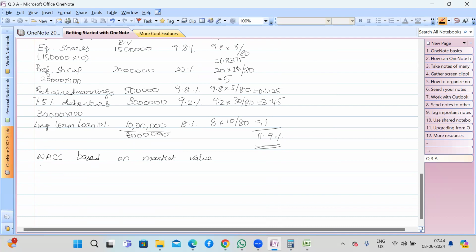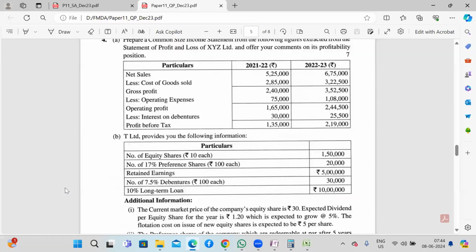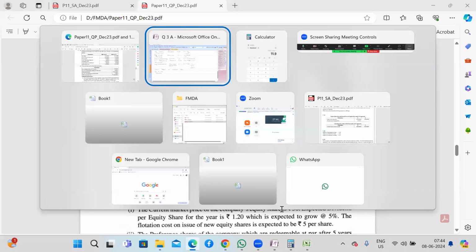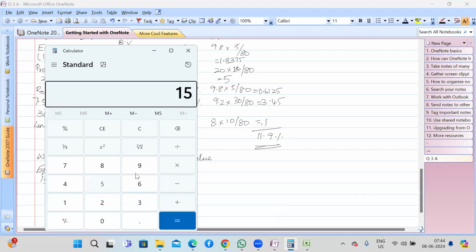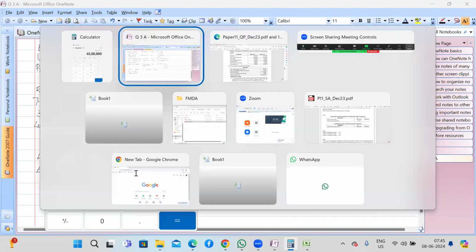That is the only difference. Equity share capital first: 1,50,000 equity shares at a market value of 30 rupees, so 1,50,000 into 30 comes to 45 lakhs.